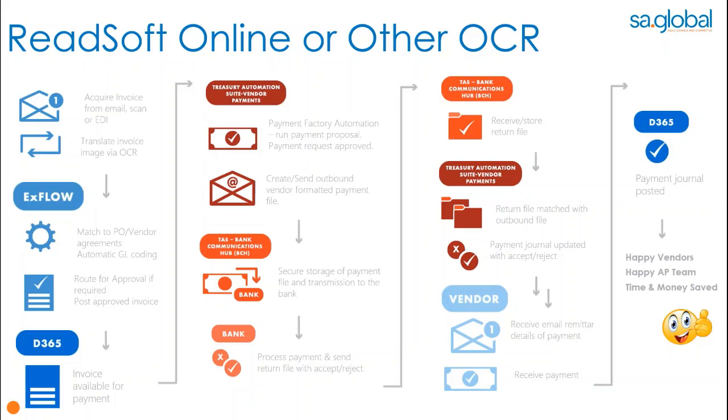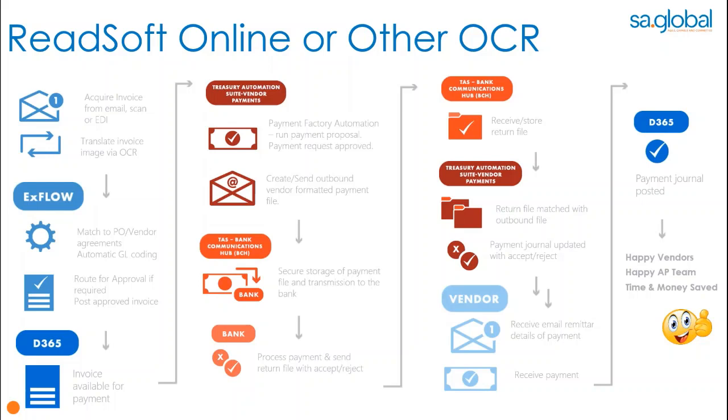So the Payment Factory Automation will automate that process for you, and it will create a payment journal. From there, the payment journal will create a file, and if you're using our communications hub, it will go directly to the bank as an SFTP, and your bank will send an inbound file back saying whether or not they accepted the payments.